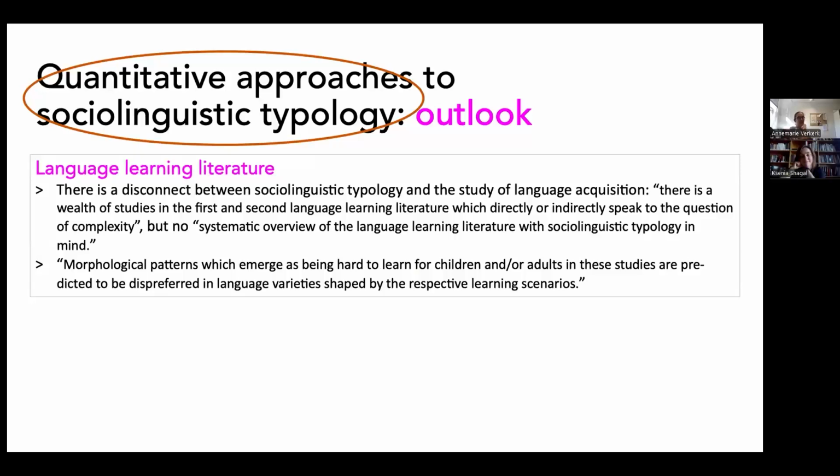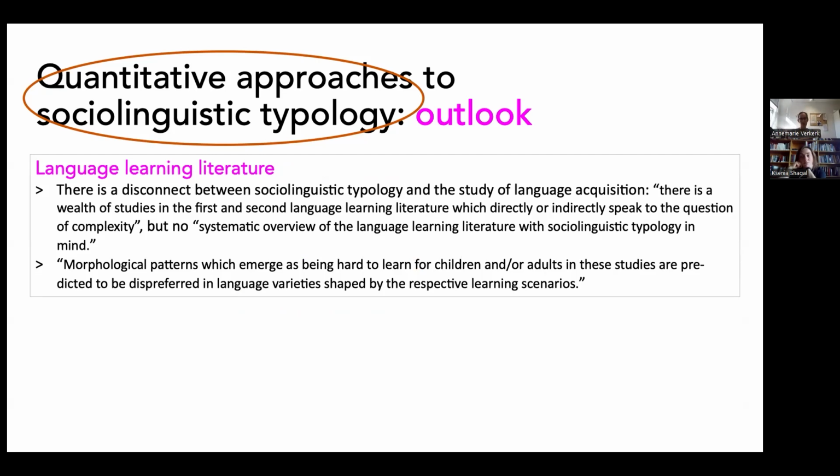There is a disconnect that we noticed when we were writing the chapter between sociolinguistic typology and the study of language acquisition. Within language acquisition, both first and second language acquisition, there is tons of data and knowledge about what's hard for people, what's easy for people, right? But there's no systematic overview of how this literature can speak to hypothesis generating in sociolinguistic typology.